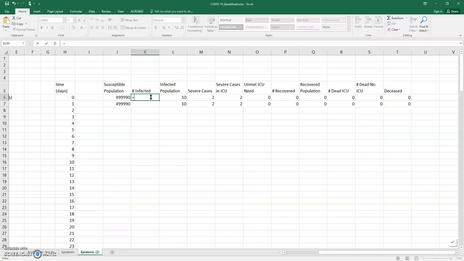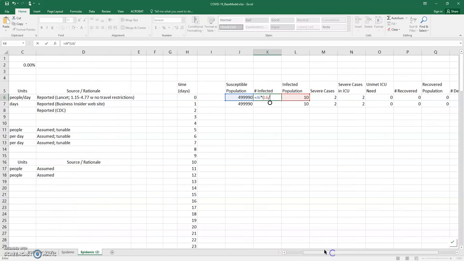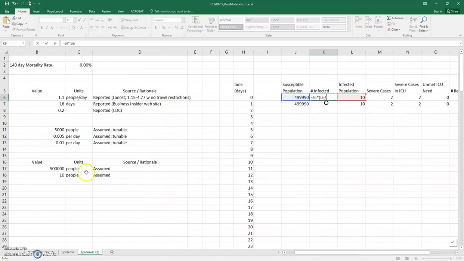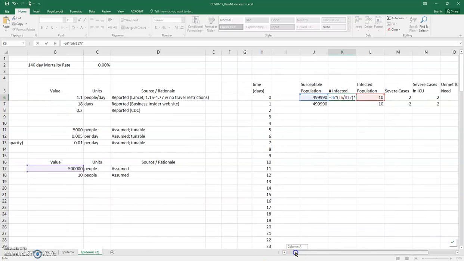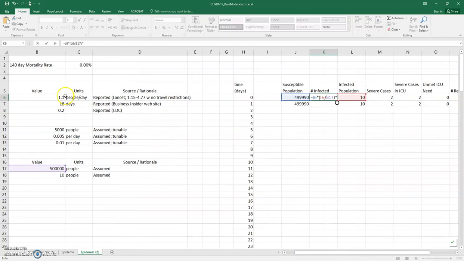So this is going to be equal to the susceptible population times the infected population divided by the total number of people. And that's not the susceptible population, it's this initial number over here, times an infectivity, or an R0 transmission rate. And that was the number that we had over here in B6.